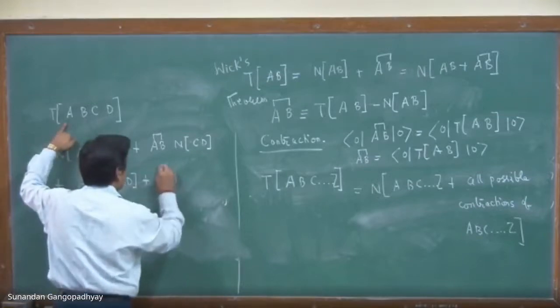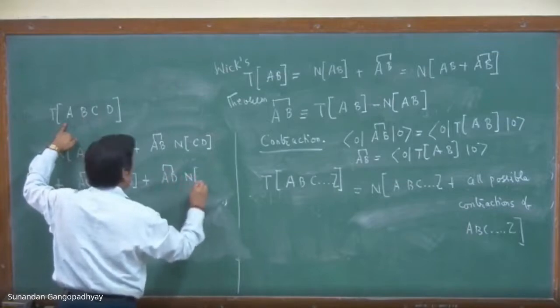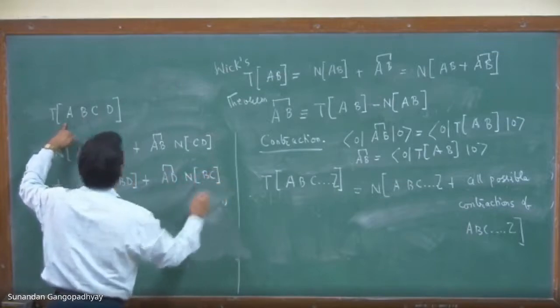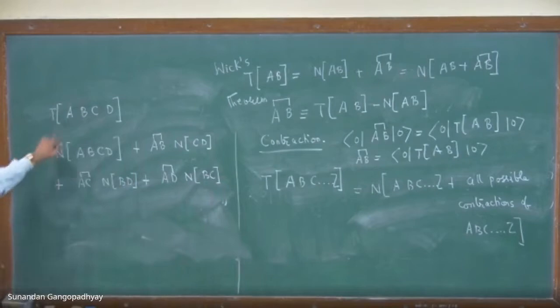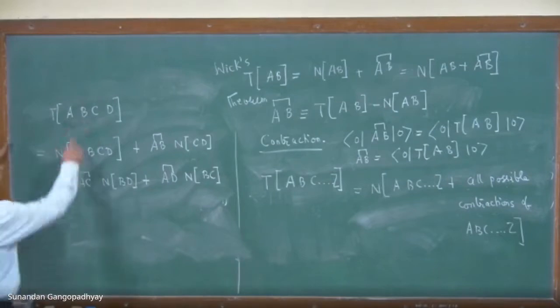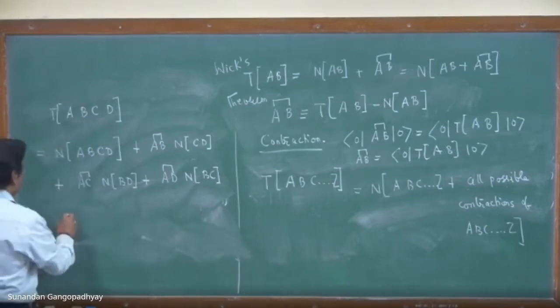So this exhausts everything with A: A with B, A with C, A with D. Now you take B. B with A is already taken care of, so that will be overcounting. You don't need to do it.